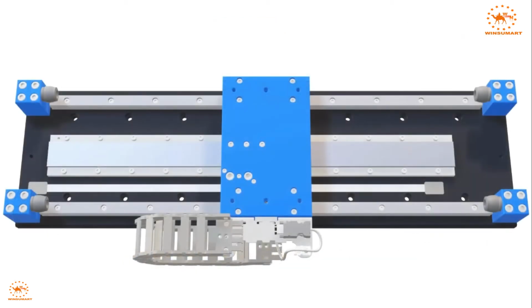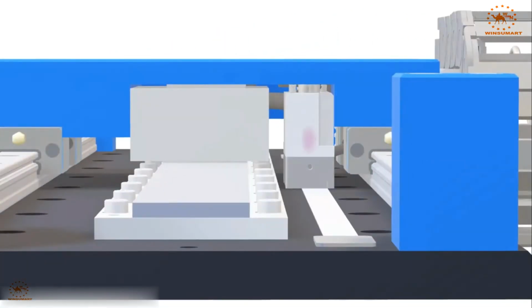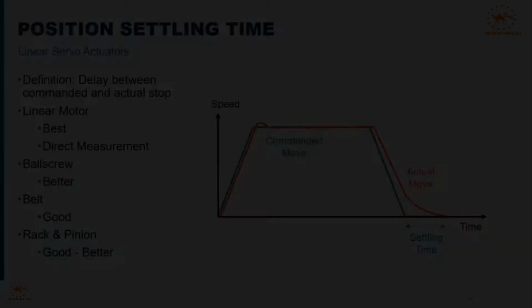The linear motor is the only mechanism that can truly claim zero backlash. Position feedback is measured with a linear scale, with the read head, carriage, and load bolted together as one piece.